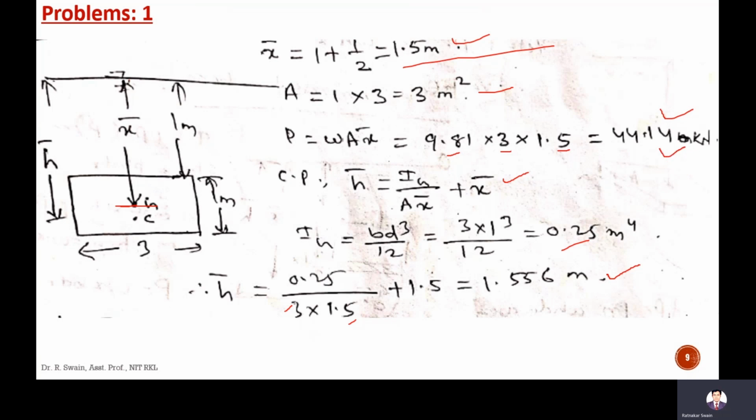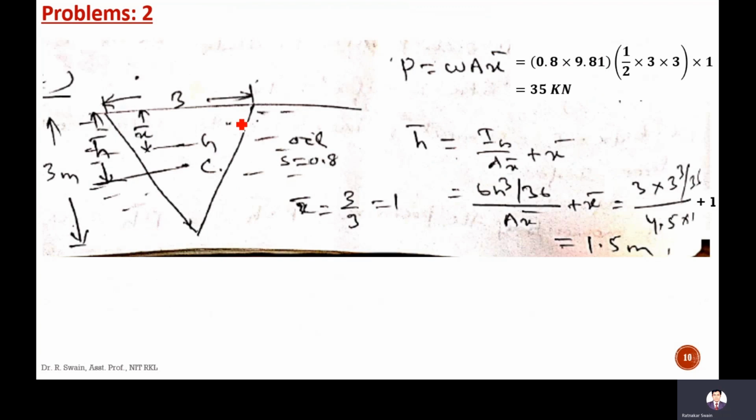Coming to the next problem, this triangular surface. Its depth is 3 meter, its base width is 3 meter, and this base is lying on the surface. And the liquid here is oil, the specific gravity is 0.8. And this CG, where will CG act from the liquid surface? It will be h by 3 from base, that is 3 by 3, which is 1.